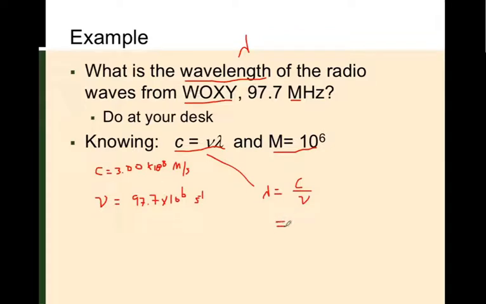So that's going to be equal to 3.00 times 10 to the 8 meters second to the minus 1, all over 97.7 times 10 to the 6 second to the minus 1, which gives us a value, I think, of around about, let's see, calculator.